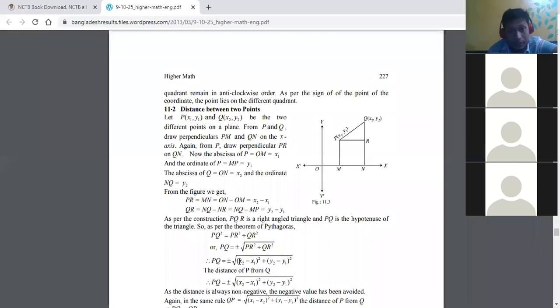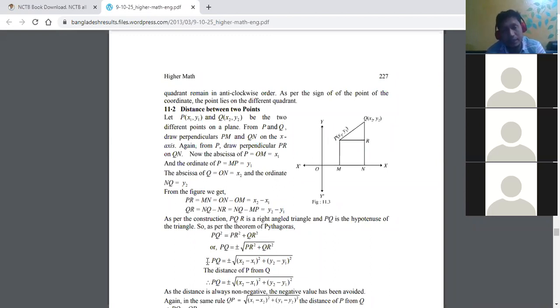Since there is a square outside the bracket, we can consider x1 minus x2 or x2 minus x1. Both are correct. That's why we have used the plus minus sign.